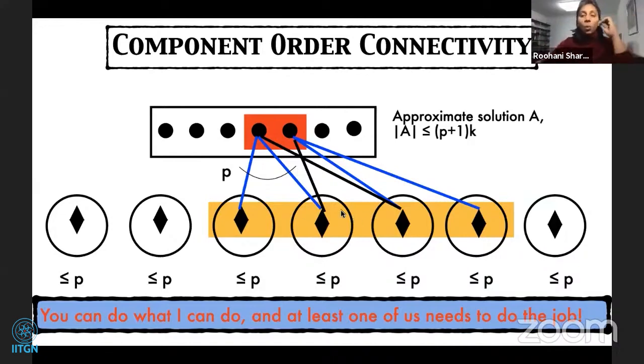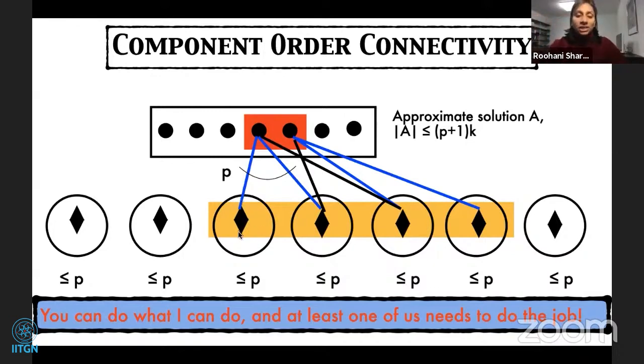Note that why would a solution pick any of the yellow vertices? What would it achieve? A solution will pick a yellow vertex from the yellow set only if this yellow set can be extended to form some p plus 1 size connected set. But this p plus 1 size connected set has to pass via one of the neighbors of the yellow, because the yellow set in itself is very small, it has size at most p.